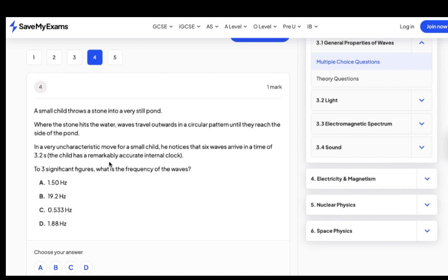Oh, there are 6 waves, right? So multiply the answer you get by 6, which is 1.88. Why do we have to multiply by 6? There are 6 different waves, according to the question.